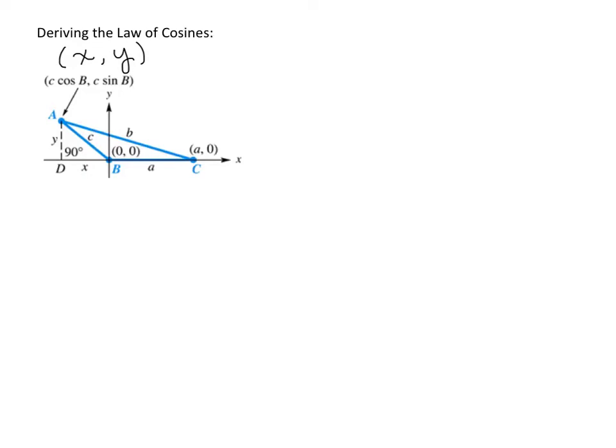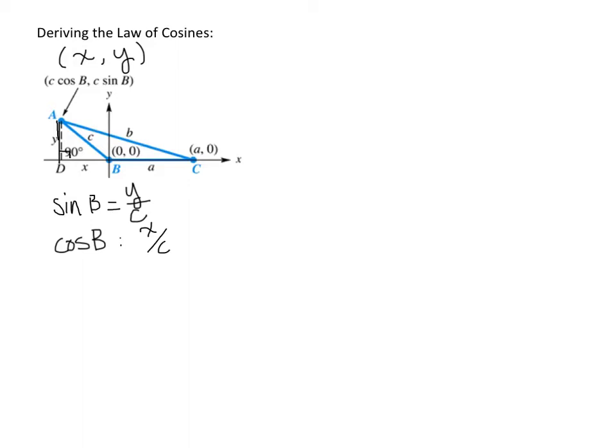And what they've done is they've dropped this perpendicular line from vertex A, and it creates this nice little right triangle. So then what I can do is say, well, the sine of B being opposite over hypotenuse is y over c. And I can say the cosine of B being adjacent over hypotenuse is x over c.